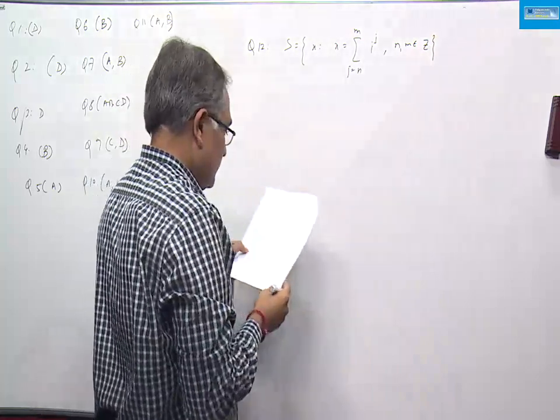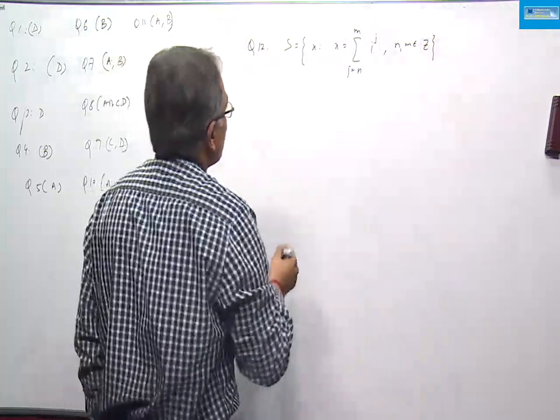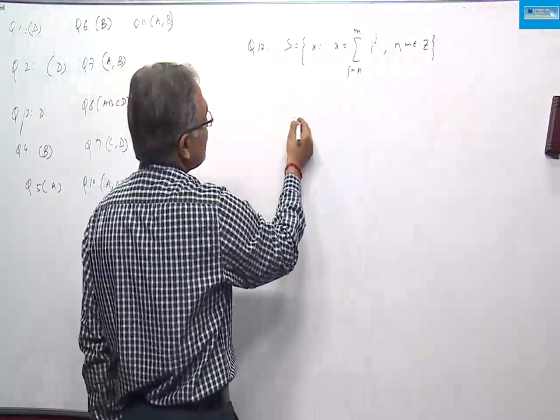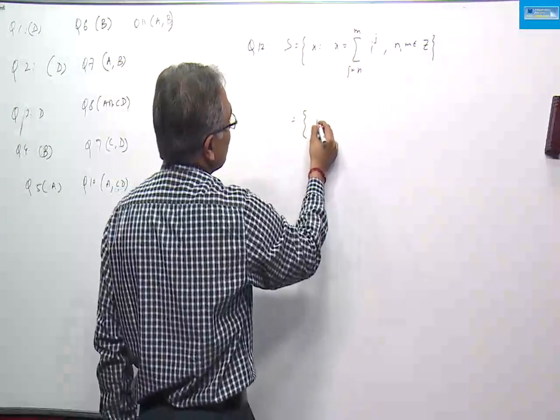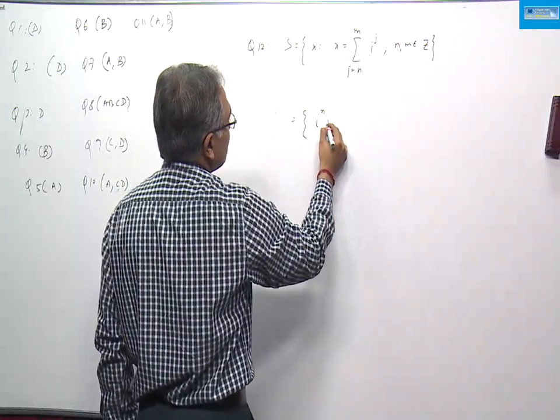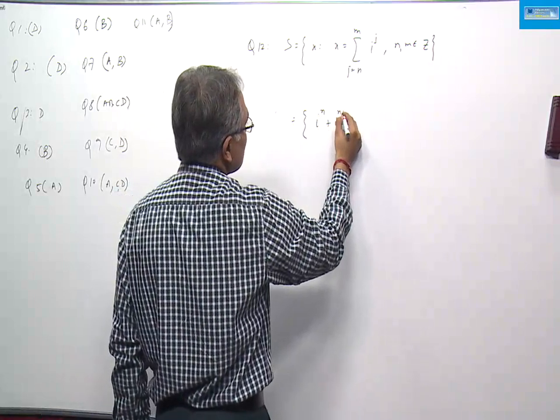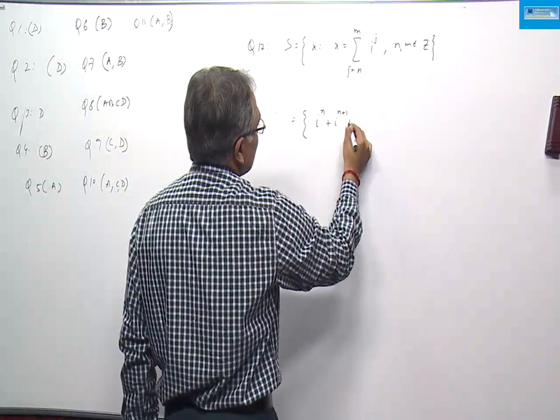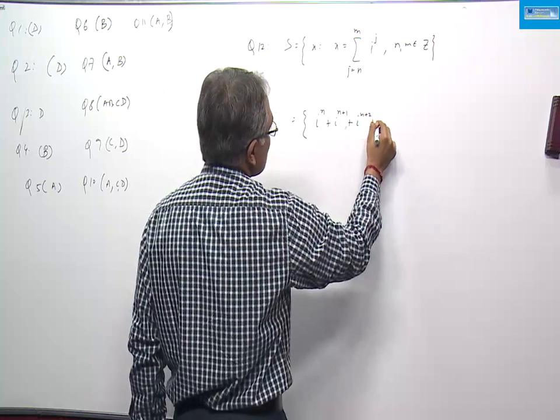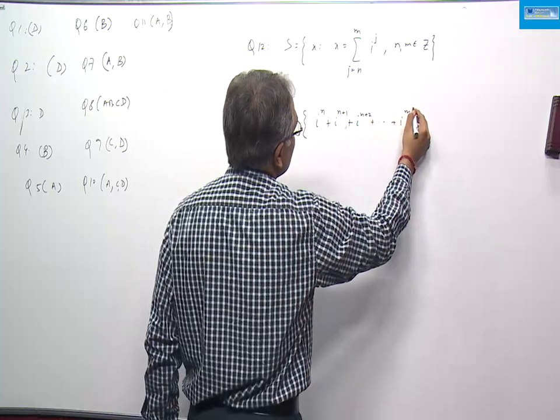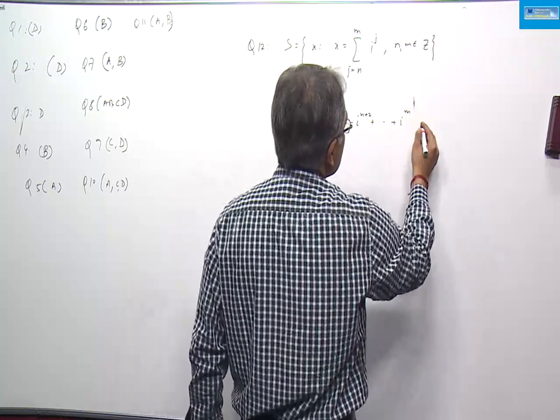You need to find the number of elements in S, or cardinality of S. That is, S consists of all the elements of the form iota to the power n plus iota to the power n plus 1, iota to the power n plus 2, so and so forth till iota to the power m, where m and n can take any integer values.